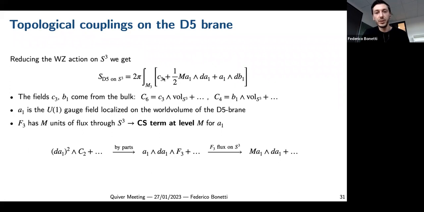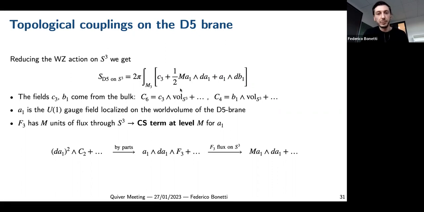So we see that we start with C3, as it was expected, of course, and we get, in a completely natural way, precisely the U1 level M Chern-Simons theory in terms of the gauge field that lives on the brane. As we can see, this A1, which in the field theory analysis, if you wish, has to be put in by hand in order to construct the non-invertible defects, in string theory has a natural interpretation in terms of the gauge field on the brane.